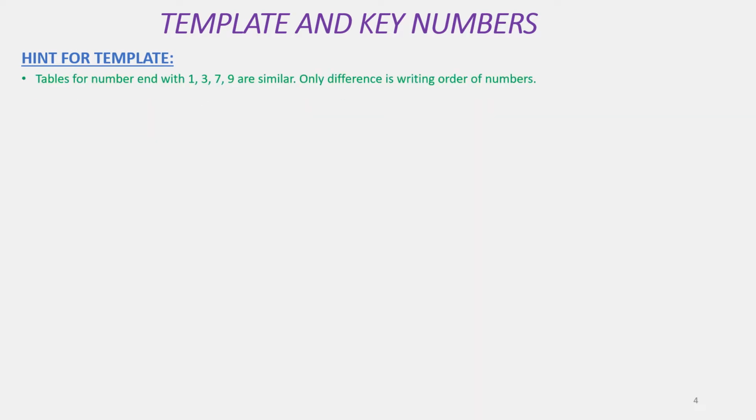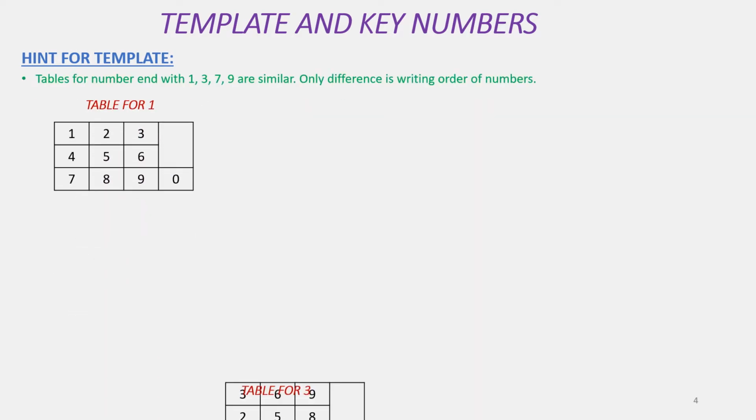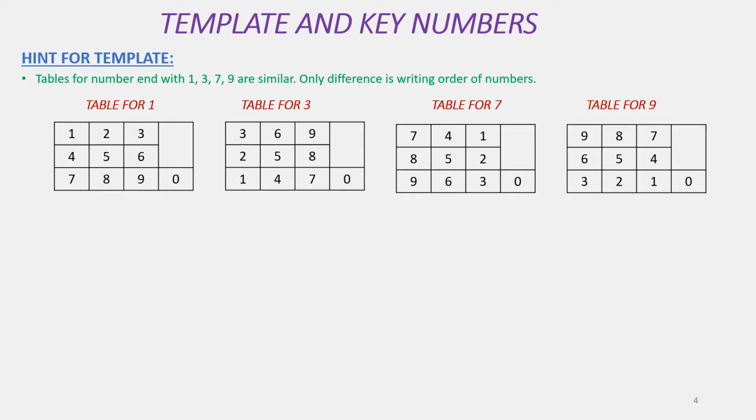Further, there is another method to understand this template. If you see here, the templates for tables 1, 3, 7, 9 look similar. The only difference is the order of writing the numbers. For the table of 1, the number 1 will start in the first box, for the table of 3 the number 1 starts from the third box, for the table of 7 the number 1 starts in the seventh box, and for the table of 9, 1 starts from the ninth box.